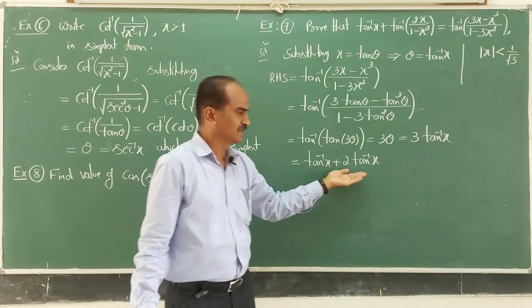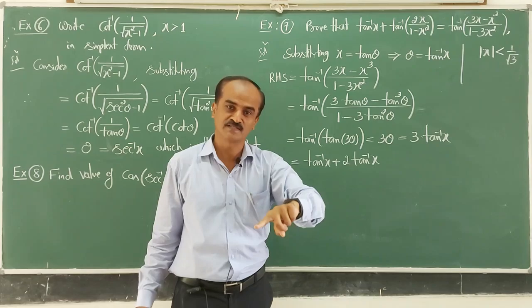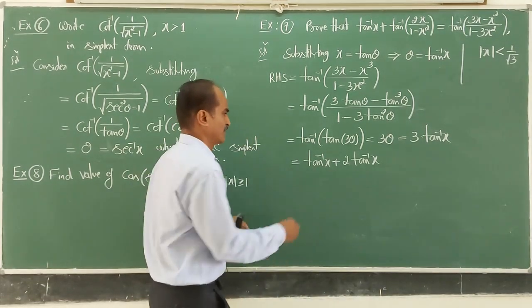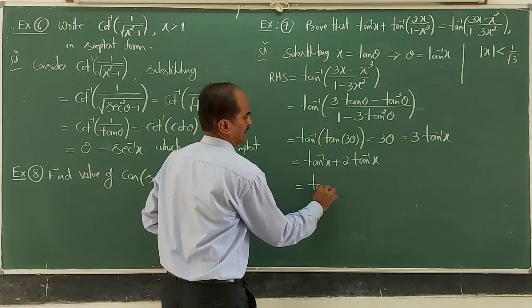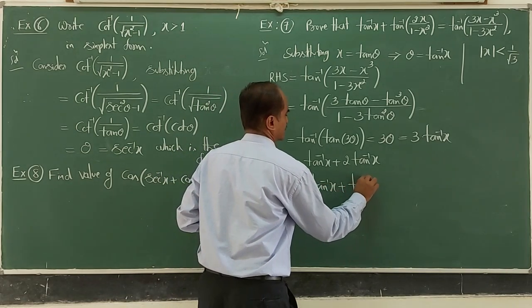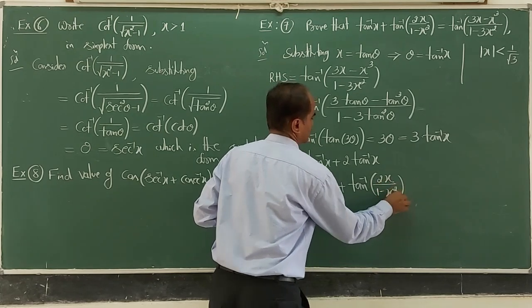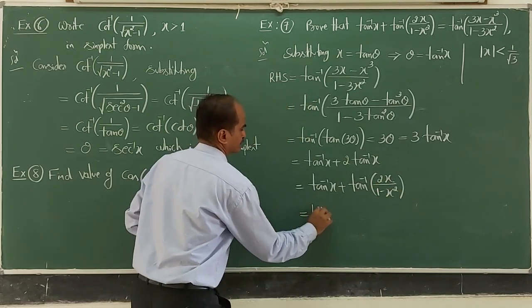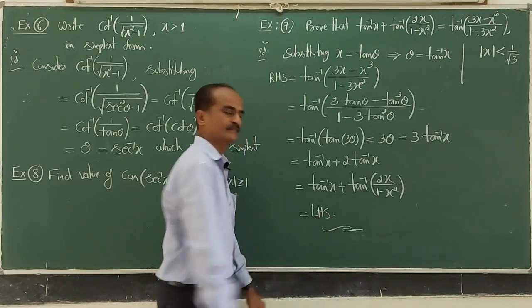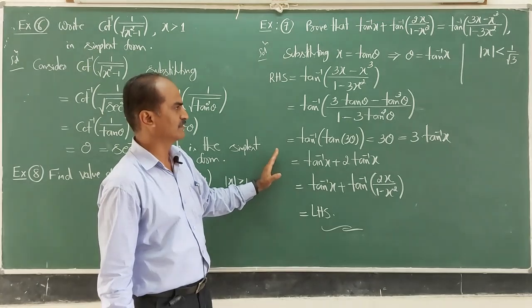We showed 2 tan inverse x equal to, in terms of sin inverse, in terms of cos inverse, in terms of tan inverse. So if I apply that property, tan inverse x plus 2 tan inverse x is tan inverse of 2x by 1 minus x square. Hence the result. So this is one of the methods of proving.